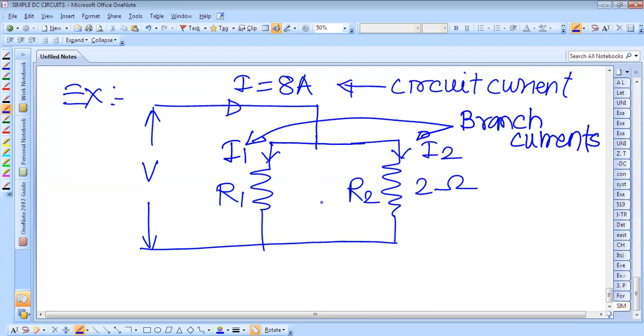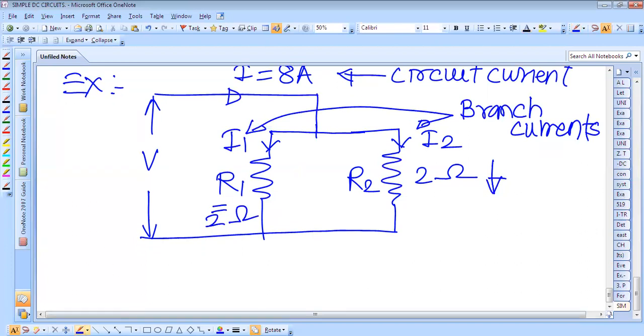We calculate the current in the 2 ohm resistor. So we have to calculate the current flowing through this resistance, 2 ohm. This can be calculated by using the current division method.